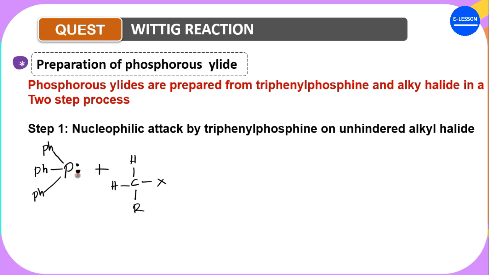Everybody knows what this lone pair of electrons is by now. The lone pair of electrons actually means that that particular atom or molecule is a nucleophile, and this lone pair of electrons can attack this carbon here. Now, if this lone pair of electrons is coming to attack here, there will be a bond formed between carbon and phosphorus.